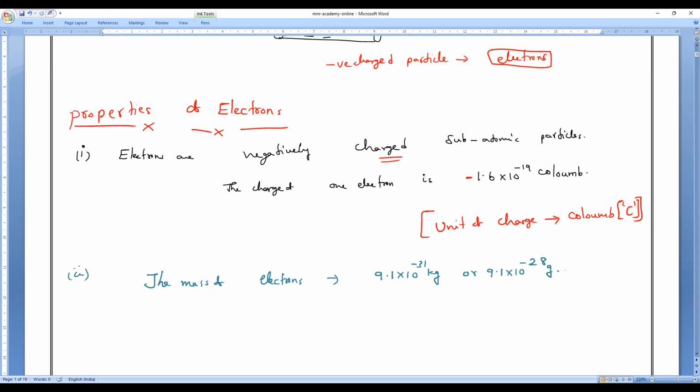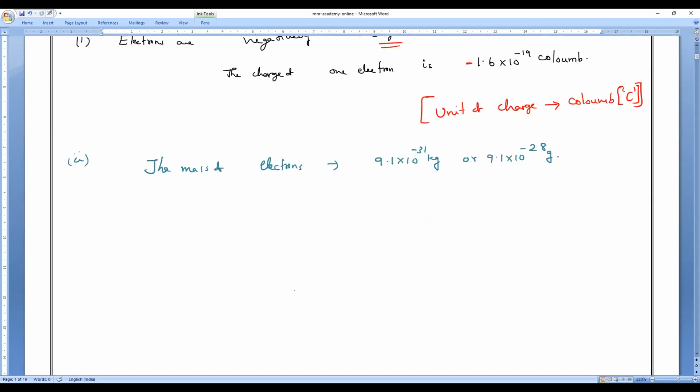So very, very important. Many times in Olympiad exams and all, they will ask this. Why are we not considering the mass of electron in calculating the molecular mass? You'll understand this. Okay. So the mass of one electron is how many times smaller? We all know that.